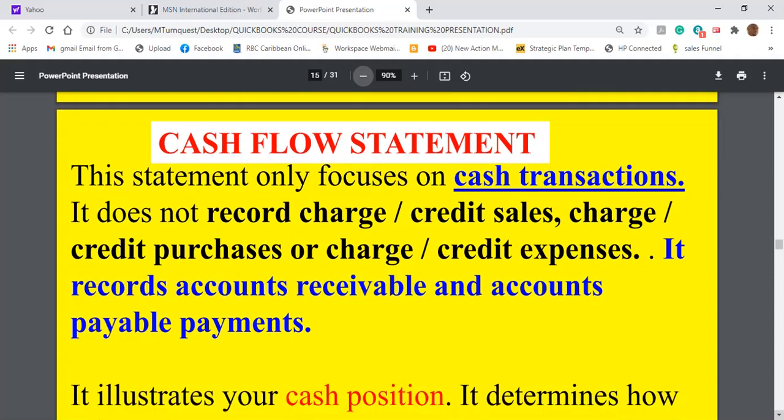The cash flow statement does not record accounts receivable charges. It only records payments. It records payments on accounts receivable and payments on accounts payable, with no charges at all.